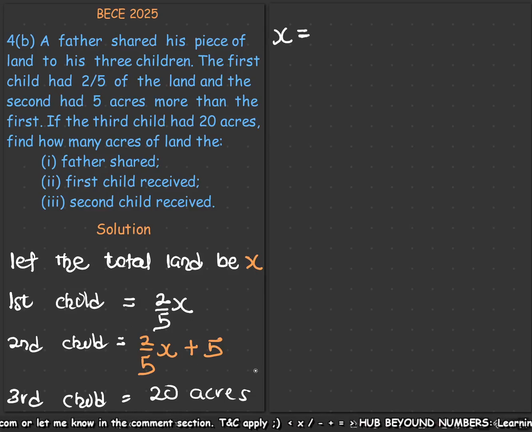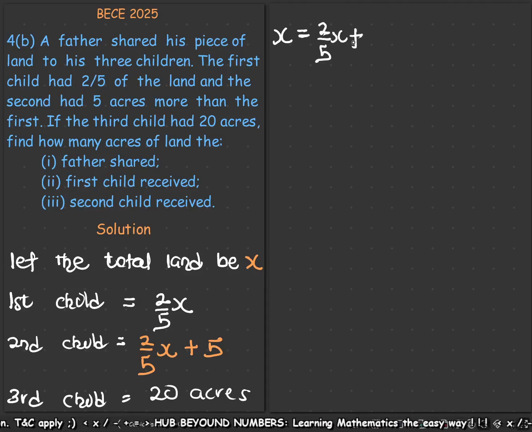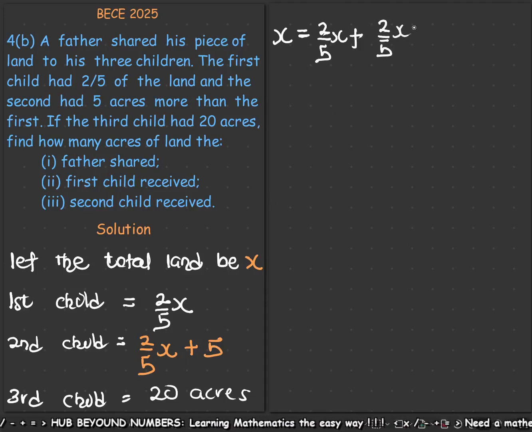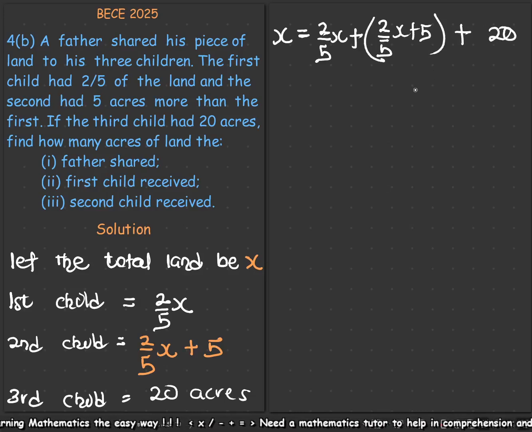So if we add all these 3 portions, you are supposed to get our X. So the first portion, which is 2/5 X, plus the second portion, which is 2/5 X plus 5, that is for the second child. Then plus how much the third child received? 20. So we have formed an equation in terms of X to solve.